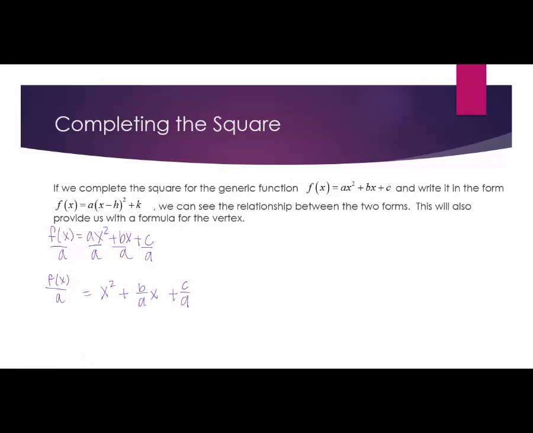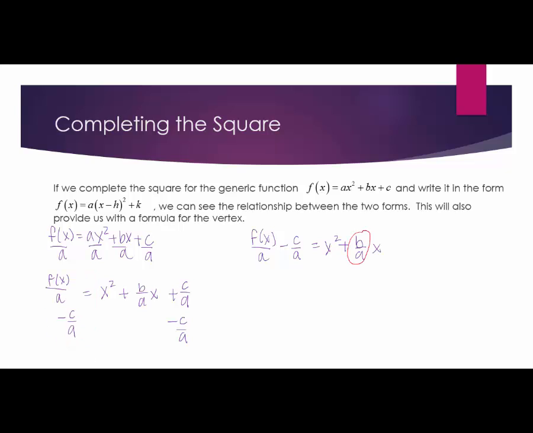Now remember, I would like to subtract this c over a from both sides because that's not what gives me that perfect square trinomial. And then I can look at what I need to add to both sides to get that perfect square. So I subtracted that c over a from both sides and it looks like this. And now we need to find that magic number.